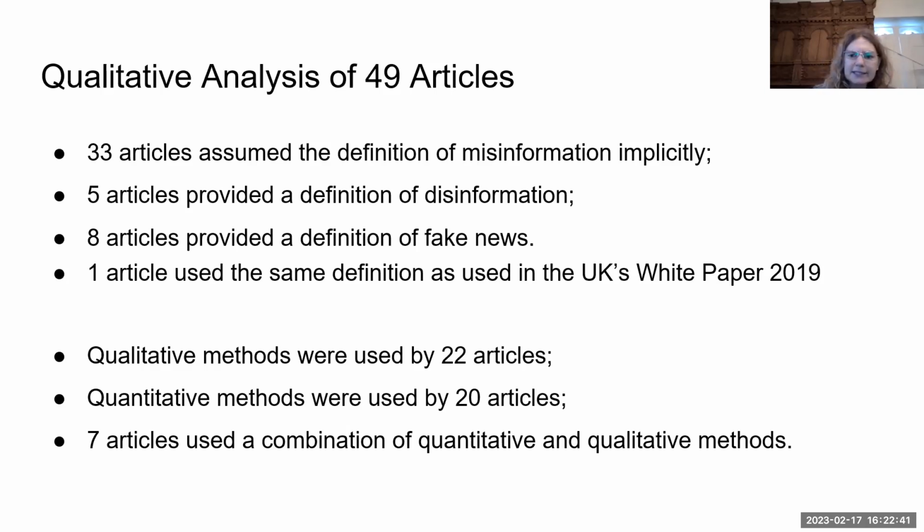Anticipating a bit, I'd like to say that we observed the same tendency for our stage 2 analysis, which Sam will present. Our qualitative meta-analysis revealed quantitative methods were used by 20 articles, while qualitative methods were used by 22 articles. 7 papers used a combination of quantitative and qualitative analysis.